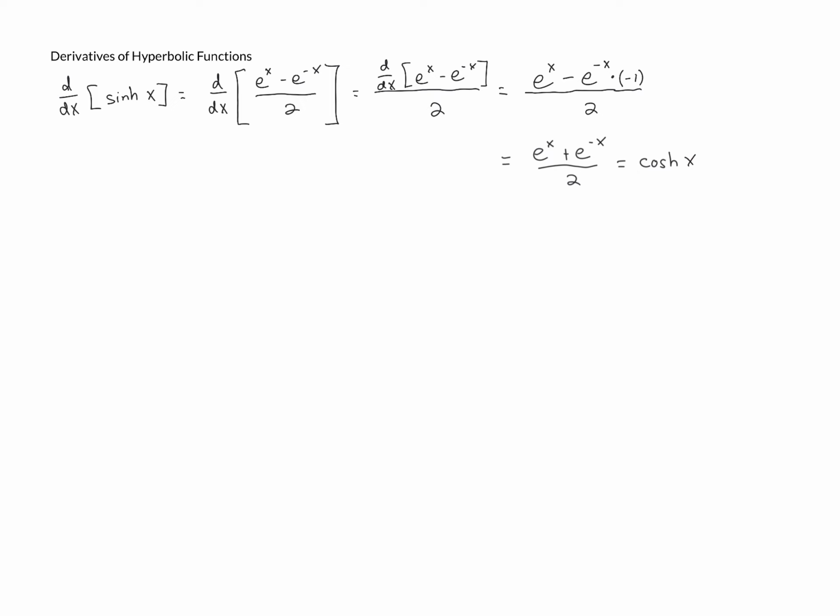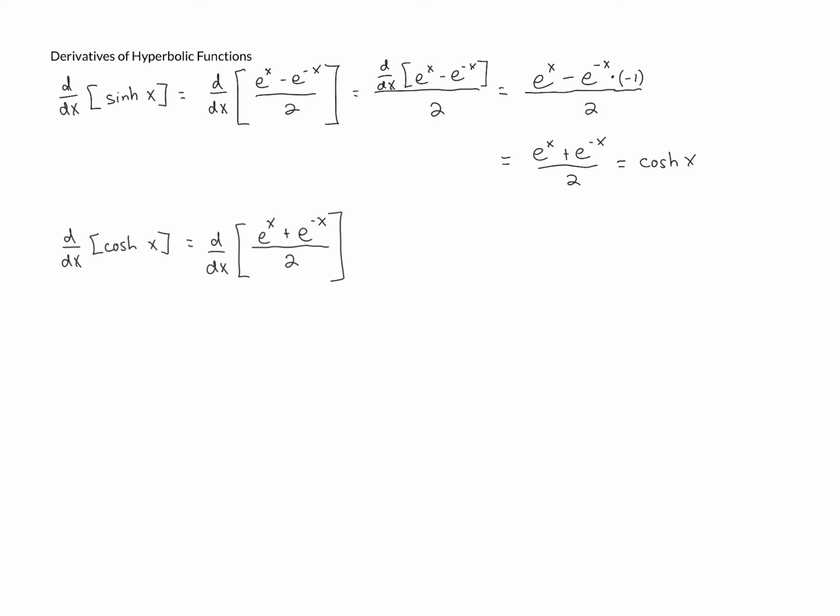All right, let's do the same thing, but with hyperbolic cosine, d over dx of cosh x. Again, we're going to write this in terms of the formula for the hyperbolic cosine. That's going to be e to the x plus e to the negative x over 2.